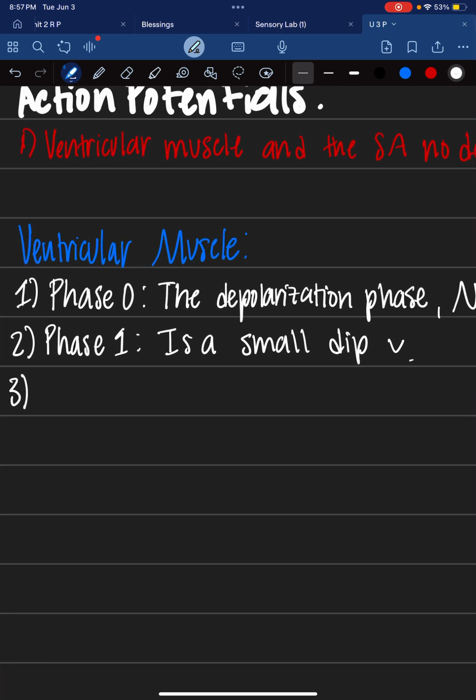And then we have phase 2. And this is the plateau phase.